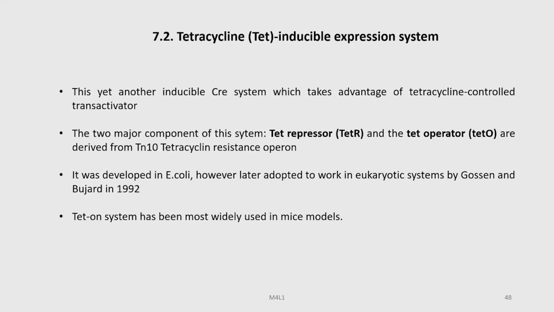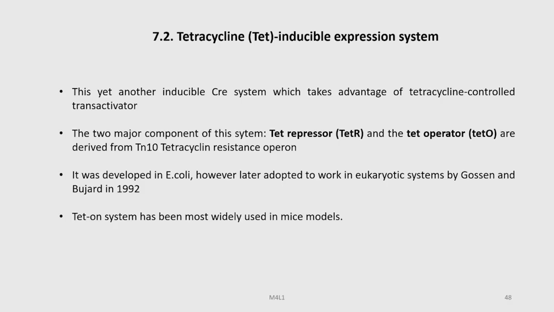It works similarly, and this is just another inducible Cre system which takes advantage of the tetracycline control transactivator. The two major components of this system are the TET repressor, TetR, and the TET operator, and these are derived from the Tn10 tetracycline resistance operon.